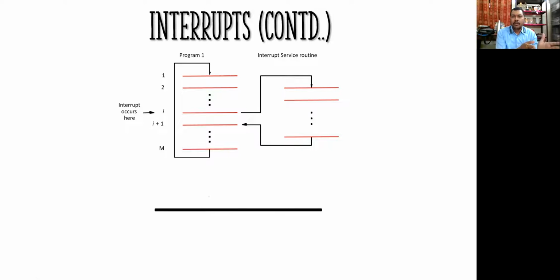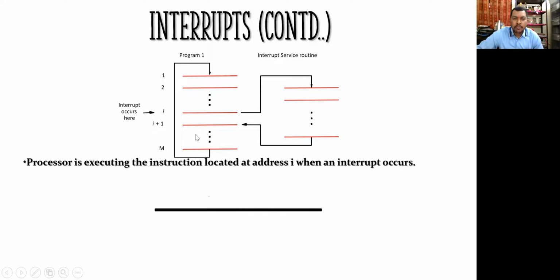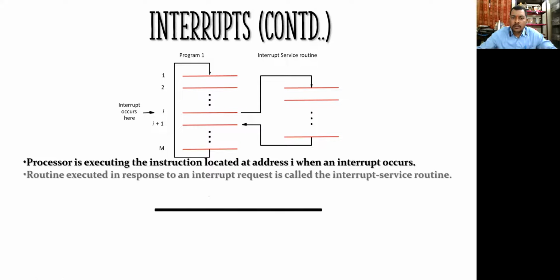We are doing a task which is related to the main program, but in the interrupt service routine, it is a different task, it is a different use of the processor, right? So as soon as the signal is received by the processor, at this stage, that is I, the processor will acknowledge the interrupt, and gives the control of data lines and address lines to the interrupt service subroutine.